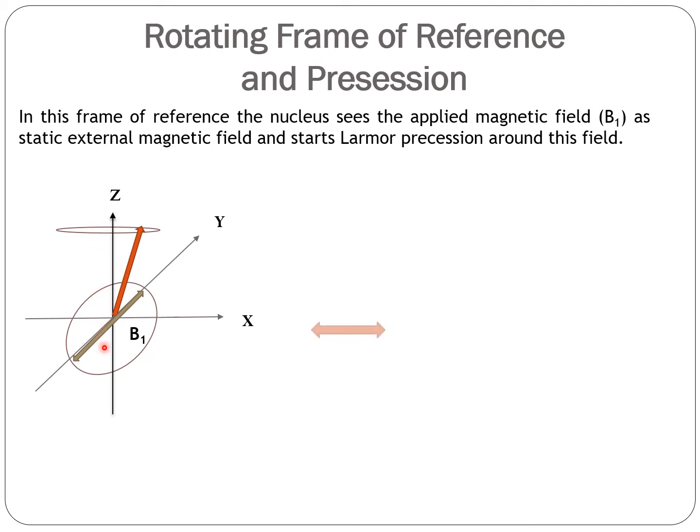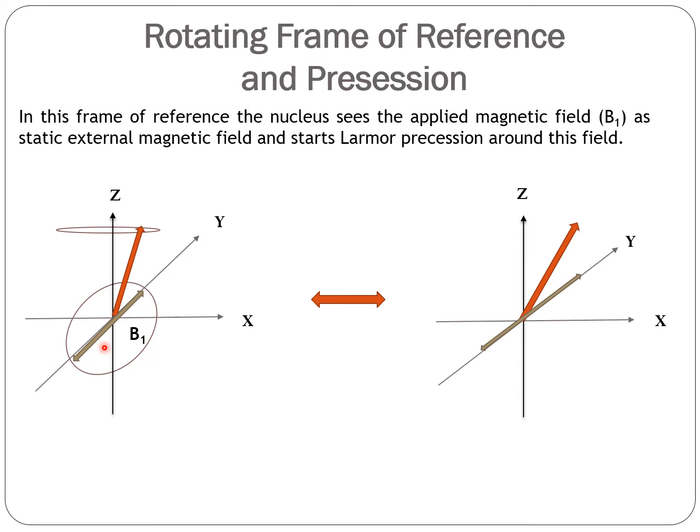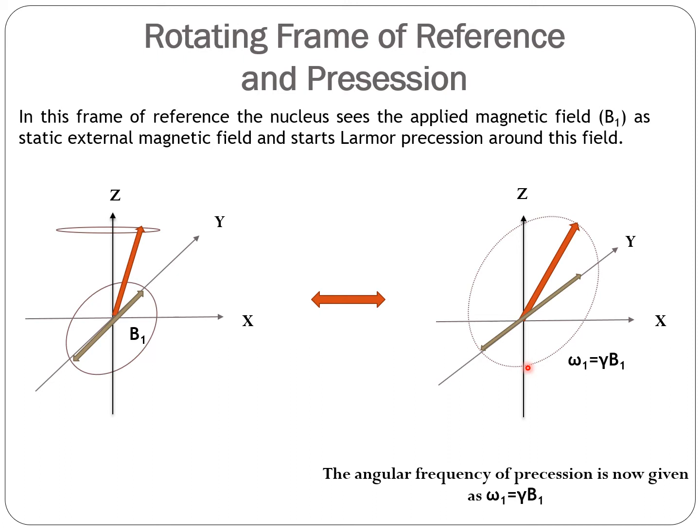That state is called precession. See that? A new path has appeared. That means the nuclei see this wave in a rotating frame of reference. So this is called the rotating frame of reference or precession.